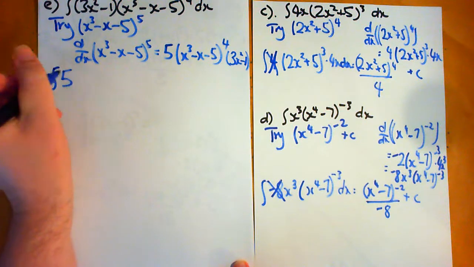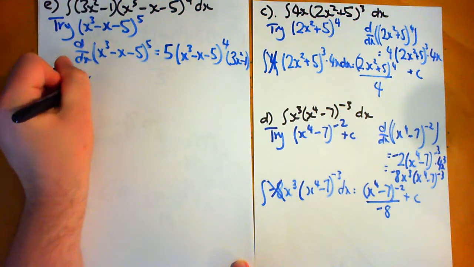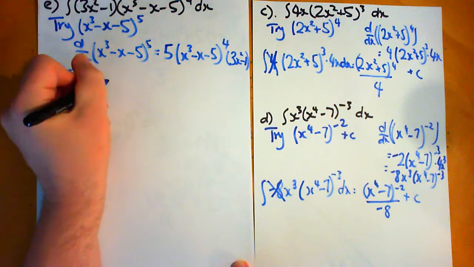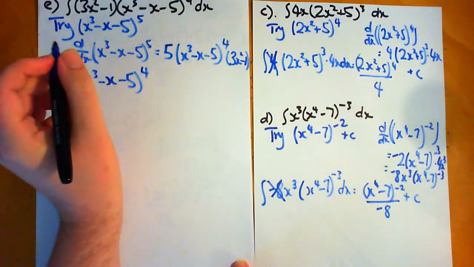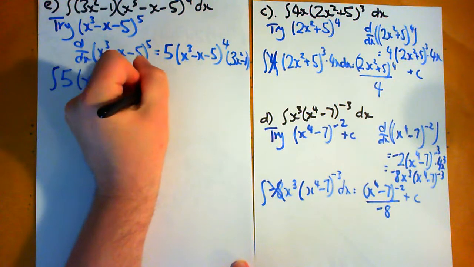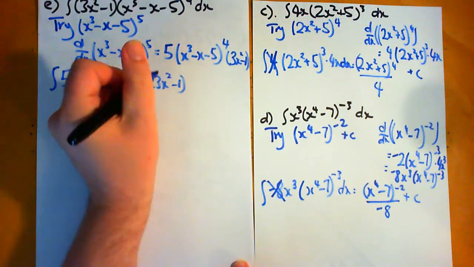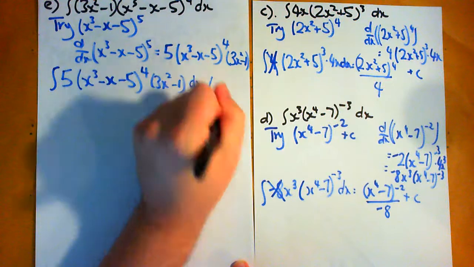Reversing this into an integral statement, we've got the integral of 5 times (x³ − x − 5) to the power of 4 times (3x² − 1).